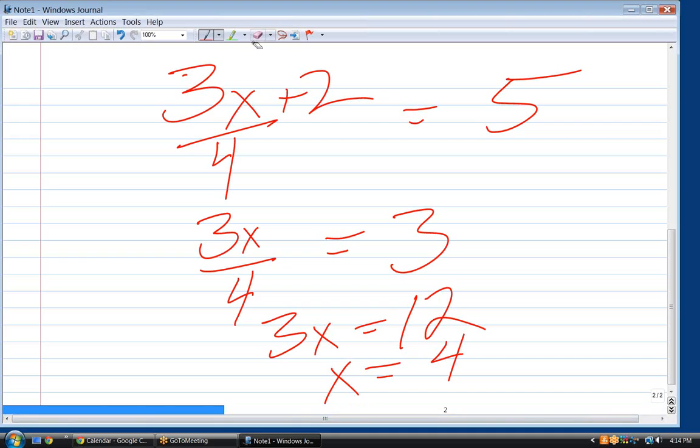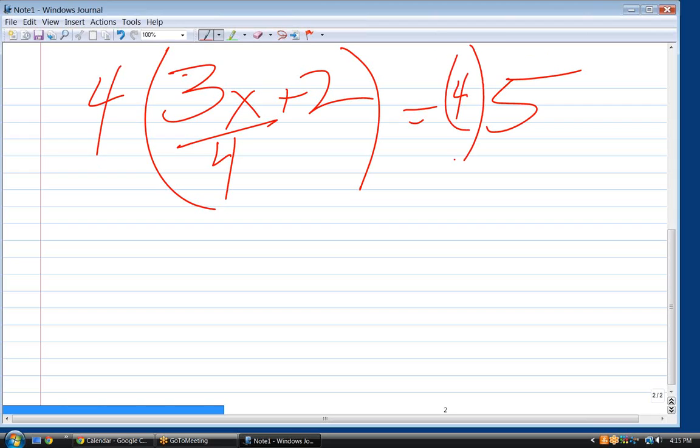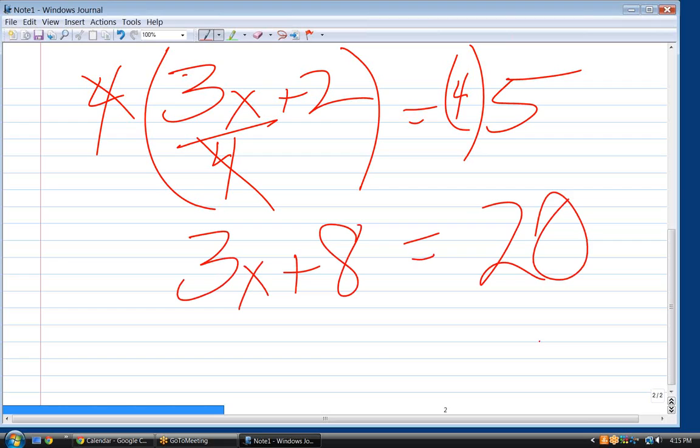Notice that had I done it the other way, and there's always a choice here, but if I want to multiply both sides of this equation by 4 immediately in order to get rid of that denominator, well, I do get rid of that, but then I got to multiply this 4 times the 2, so I end up with 3x plus 8 equals 20.